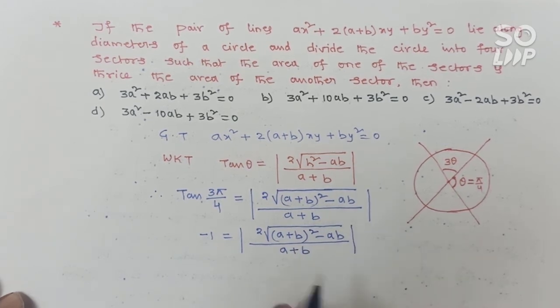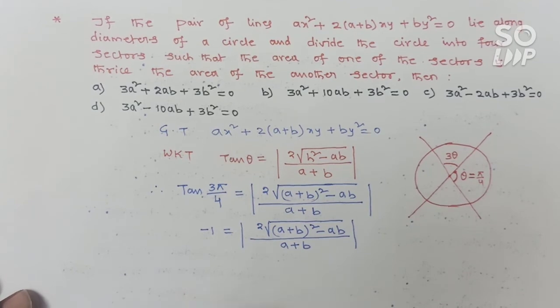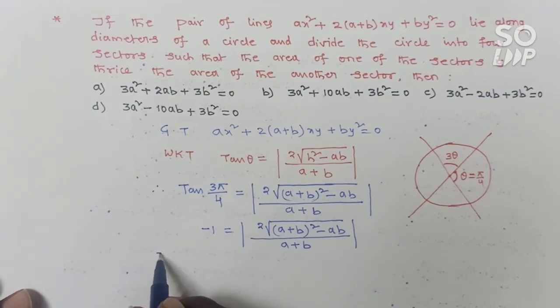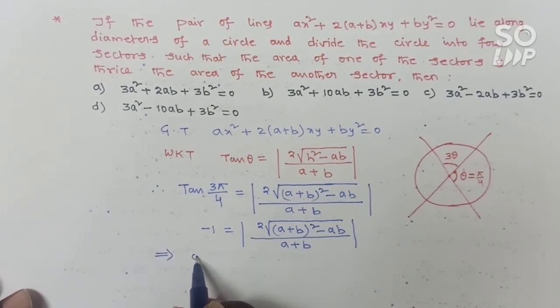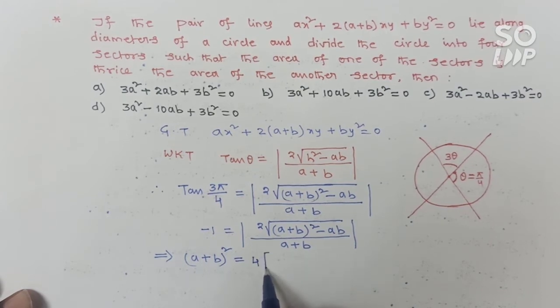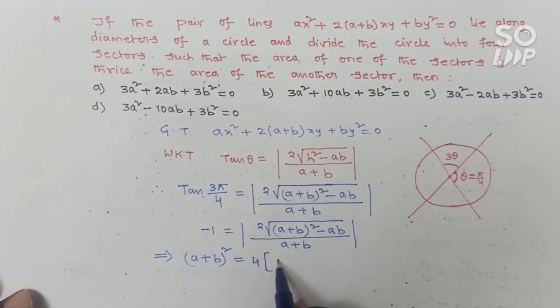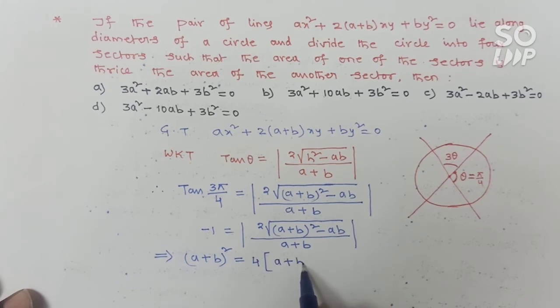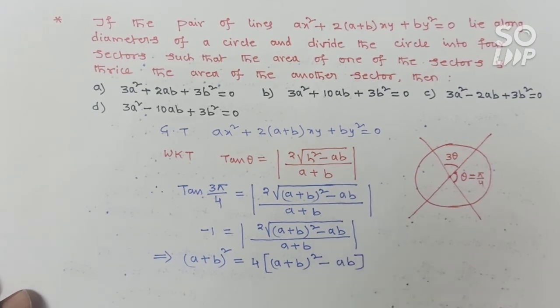Right? Now you do the squaring on both sides and cross multiply. This becomes a plus b whole square is equal to, this total value is 4 into, square and root will be cancelled, a plus b whole square minus a into b.